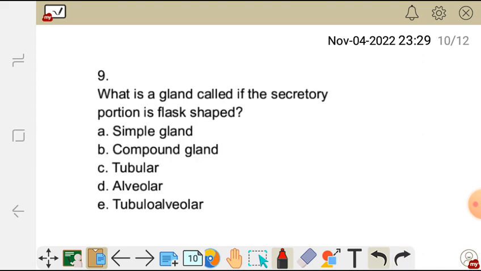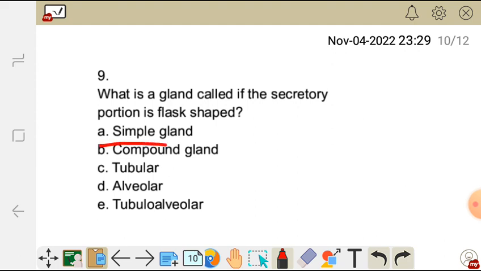Question 9. What is a gland called if the secretory portion is flask shaped? A, simple gland; B, compound gland; C, tubular; D, alveolar; E, tubular alveolar. Simple and compound are types of glands.